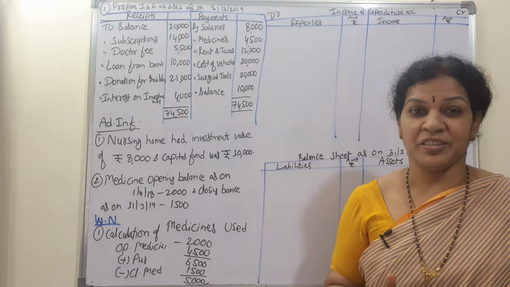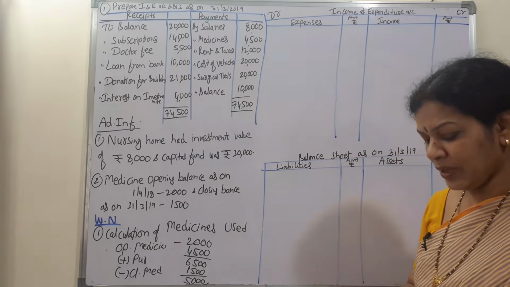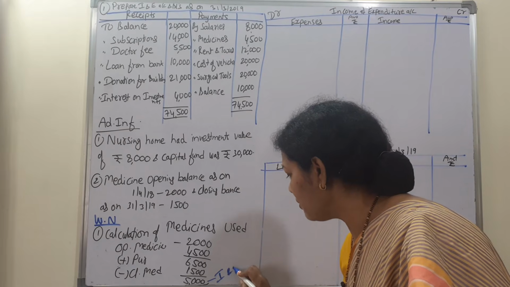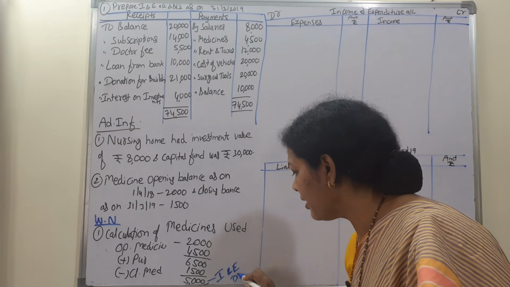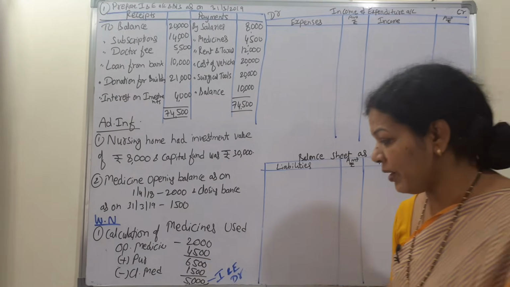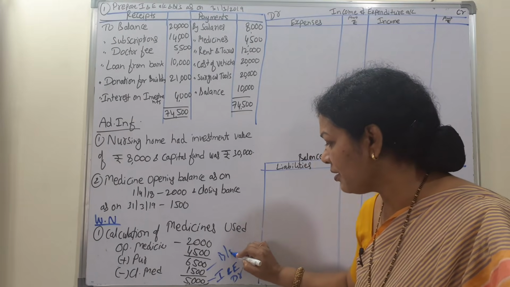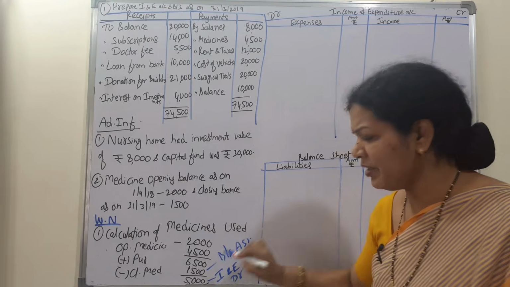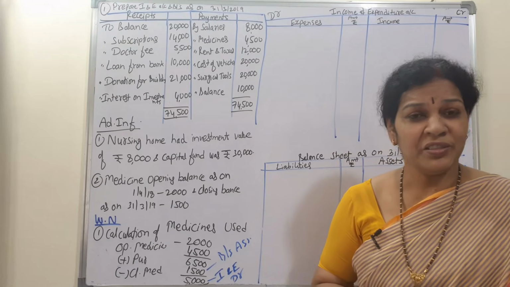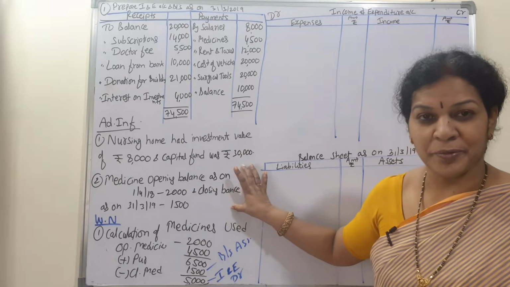Used medicines are an expense, so we take this into the income and expenditure account, debit side. The closing one will be a balance sheet asset, since at the end of the year we have this much closing balance. So this is the treatment of medicines.